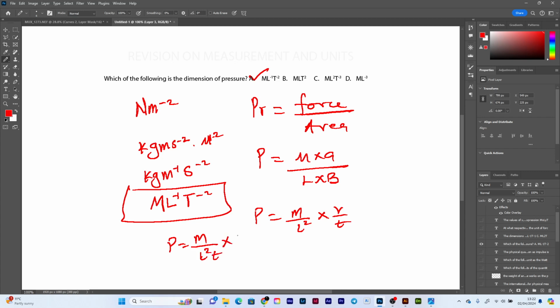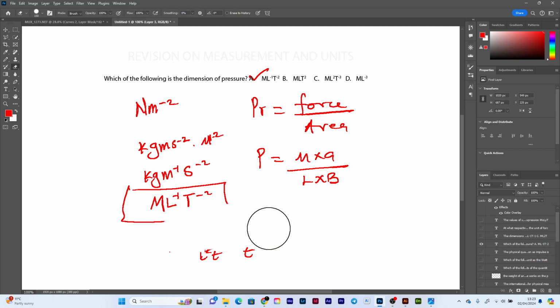So velocity is what? Displacement, which is length all over time. So this is going to be M L, we cancel one of these L here. So I'm going to be having M divided by L T squared. And that will just be M L raised to power minus 1 T raised to power minus 2. I hope somebody gets this right. So that's the right answer to the question.